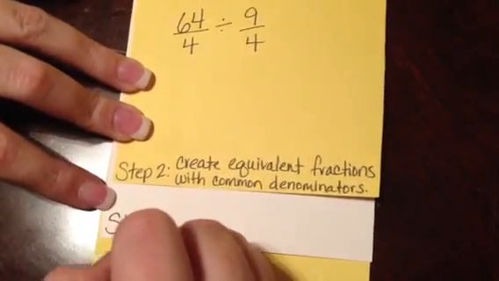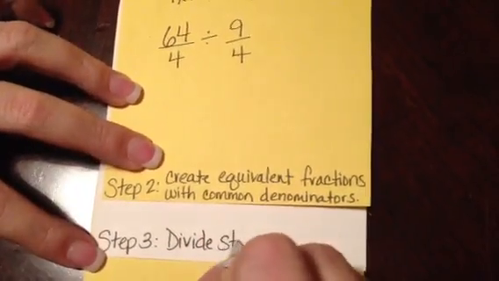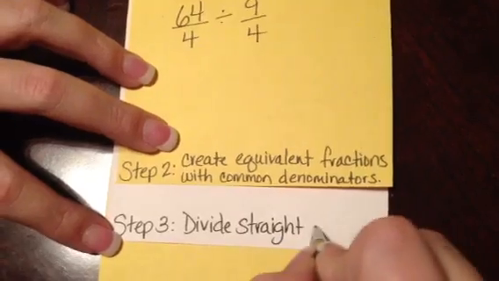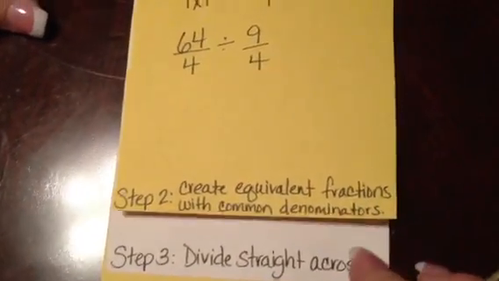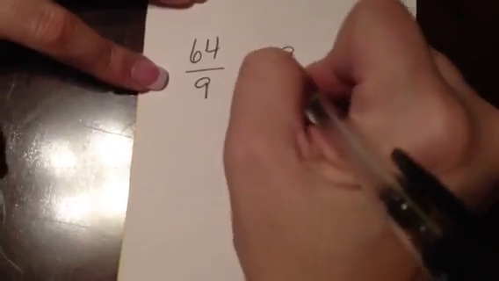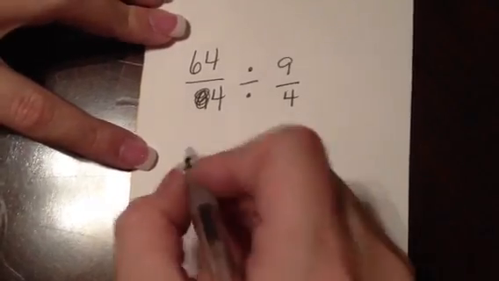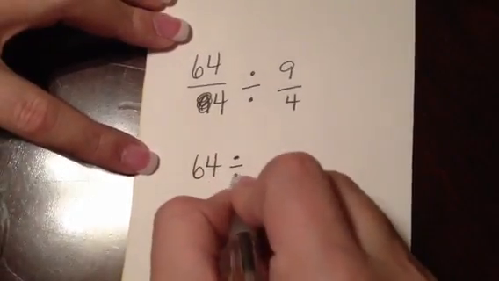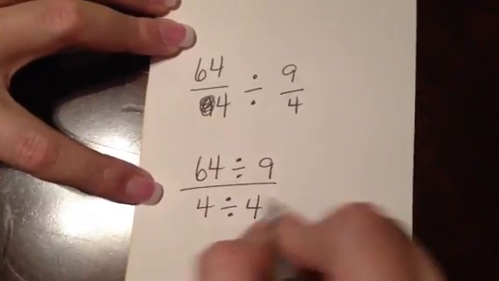So that brings us to step number 3, which is divide straight across. So we're going to carry our 64/4 divided by 9/4, and we're going to divide straight across. 64 divided by 9 all over 4 divided by 4.